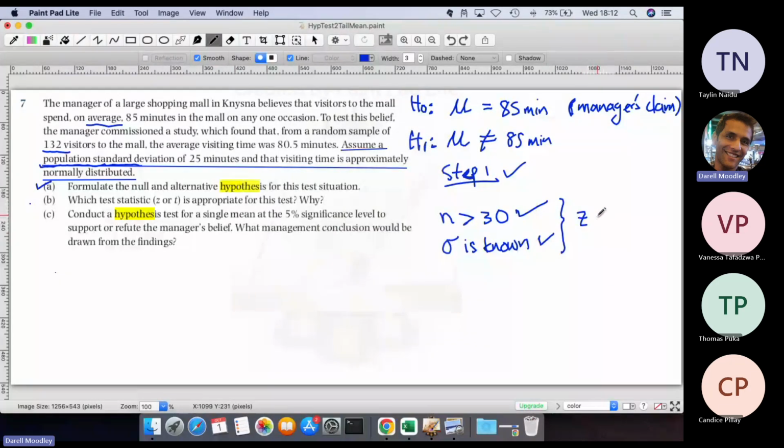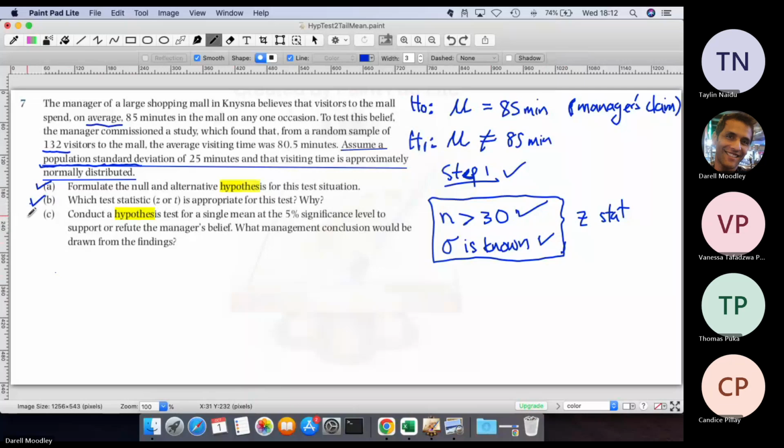If any of them are not met, then you use a T-stat. You need to remember that. You don't need to understand the reasoning why, as that's a bit out of the scope of this course. All you need to remember is how you know whether it's a Z statistic or a T statistic. These two criteria must be met, and if they are, Z stat, otherwise T statistic. So that's your question B.